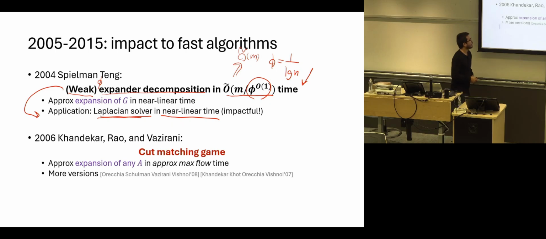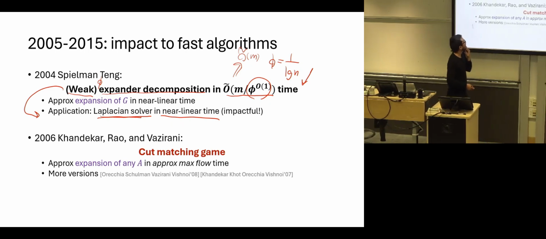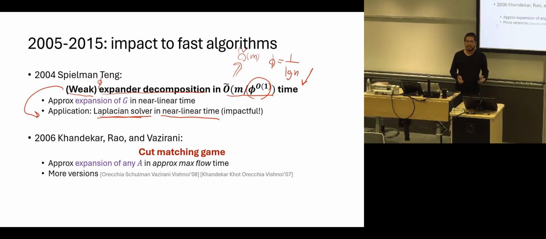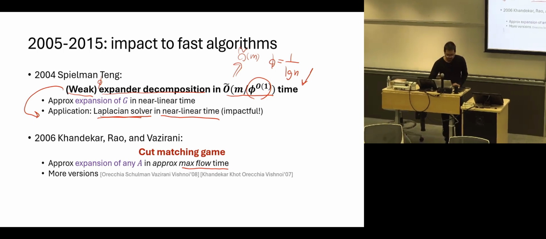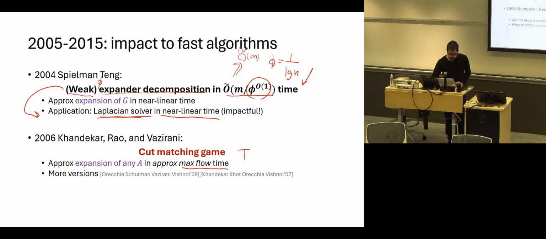Right. And once you have a cut matching game, then we see in class how to approximate expansion of any node weighting using MaxFlow. What we see in class is that the running time looks something like MaxFlow time, with log squared n MaxFlow calls, plus this.